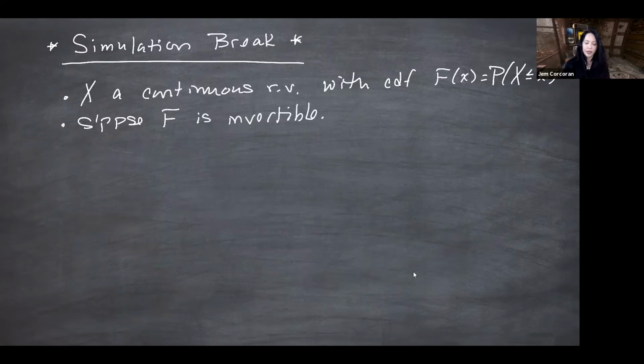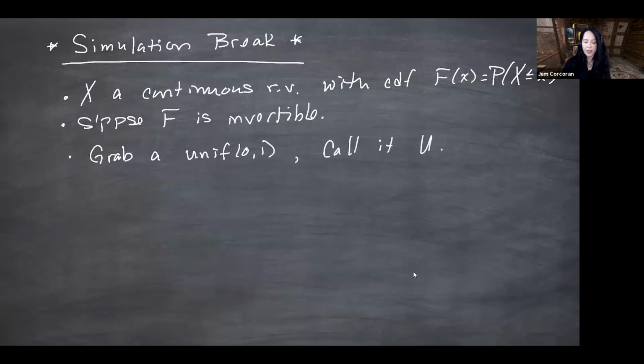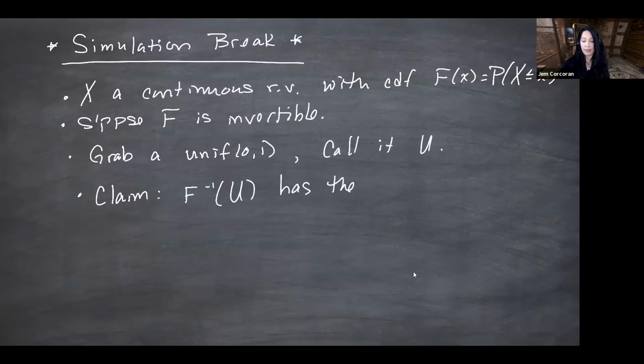But if you can invert it, then you grab a uniform 0, 1 from your random number generator. I'm going to call it U. And then my claim is that F inverse of U, so this is a capital U, so this is a random quantity, has the same distribution as X. So if you want to produce values of X, you just produce values of U and shove them in this inverse function.